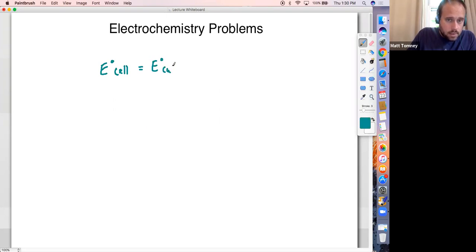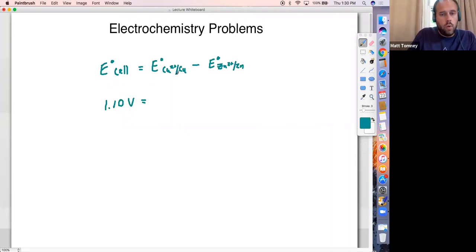So it's the Cu2+/Cu relationship minus the cell potential for the half reaction of the zinc. So that's the zinc 2+/zinc relationship. Now, the value, if I set this battery up, is 1.10 volts.